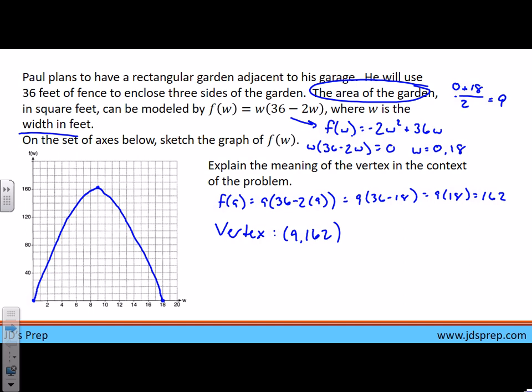that means that the area f of w is largest when the width of the garden is 9 feet.